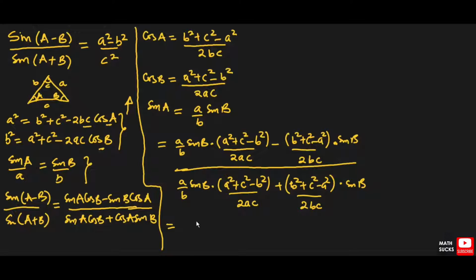So in other words, I remain with something like A squared plus C squared minus B squared over 2C, but times A B, so that becomes also bc, then minus what we have here, B squared plus C squared minus A squared over 2bc.